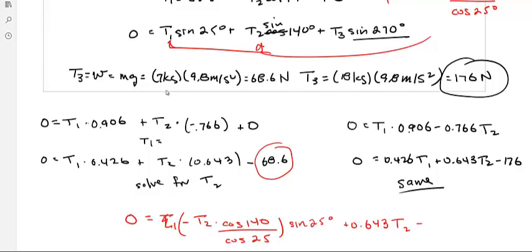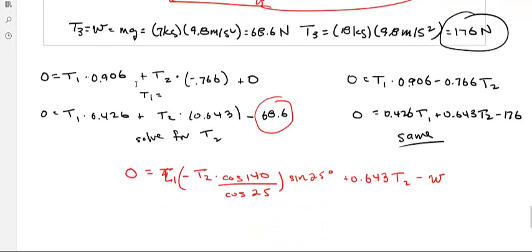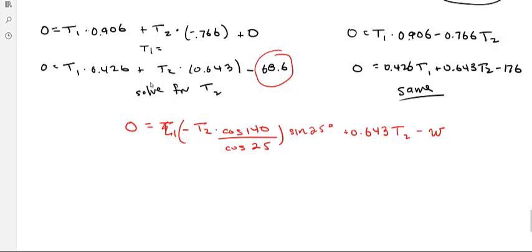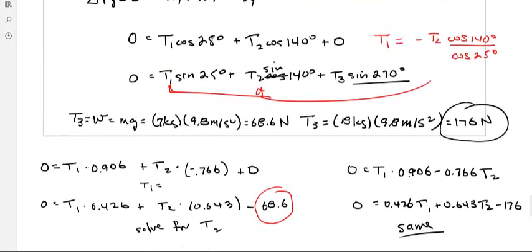So I'm just going to put it in as W. I'm going to make this just a function of W, because that's the thing that changes. Okay, so if we factor out a T2, we'll get T2, and I'm going to move this to the front, 0.643.